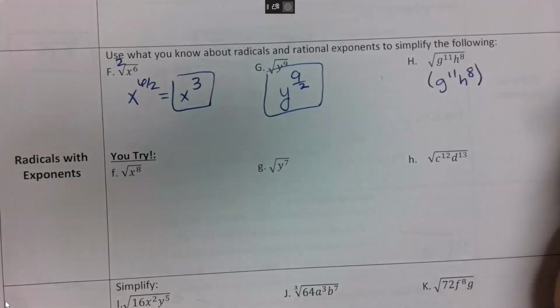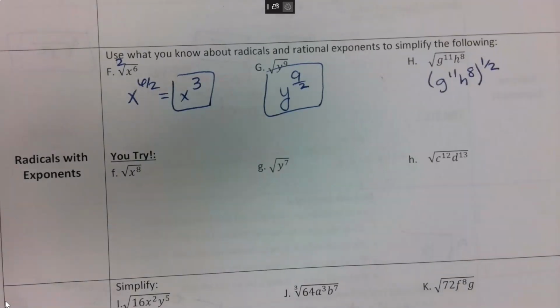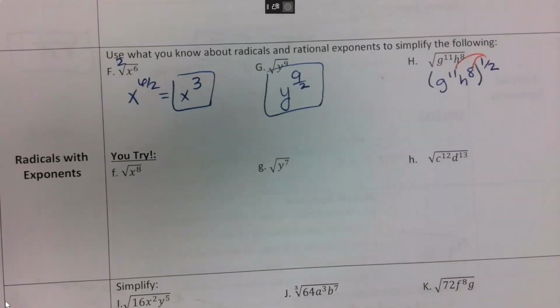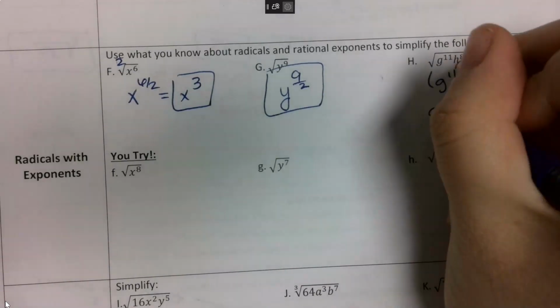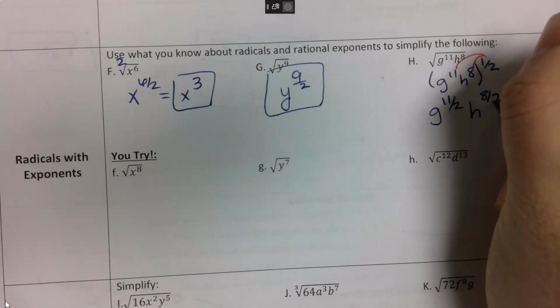And then I'm going to change this to a 1/2 exponent. So then I want to give this exponent to the other exponent, so I split it up. It's going to become g to the 11 over 2, h to the 8 over 2.